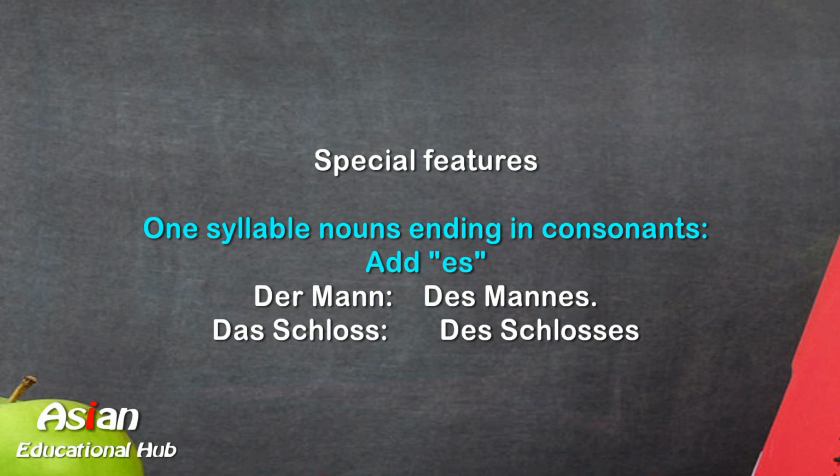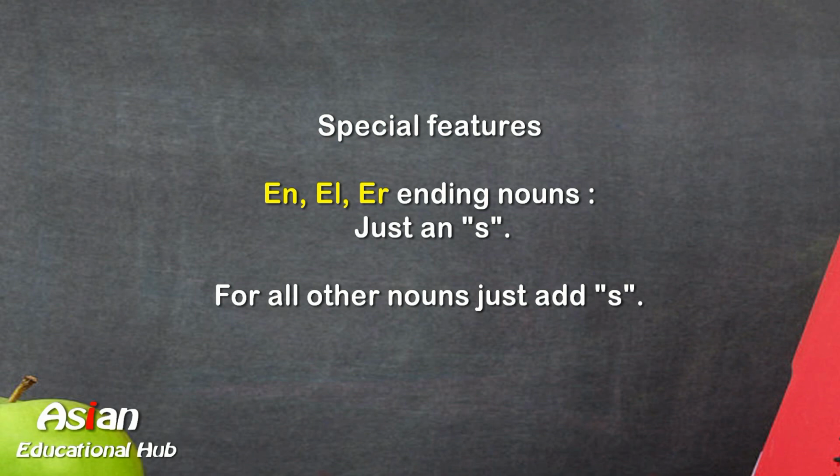Suppose we have some nouns which are one syllable, we have to add es to them. For example, der Mann is a one syllable noun, so we have to use es here: des Mannes. Thus Schloss, it is also monosyllabic, and we have to use des Schlosses. En, el, er ending nouns, we just have to add s to them.